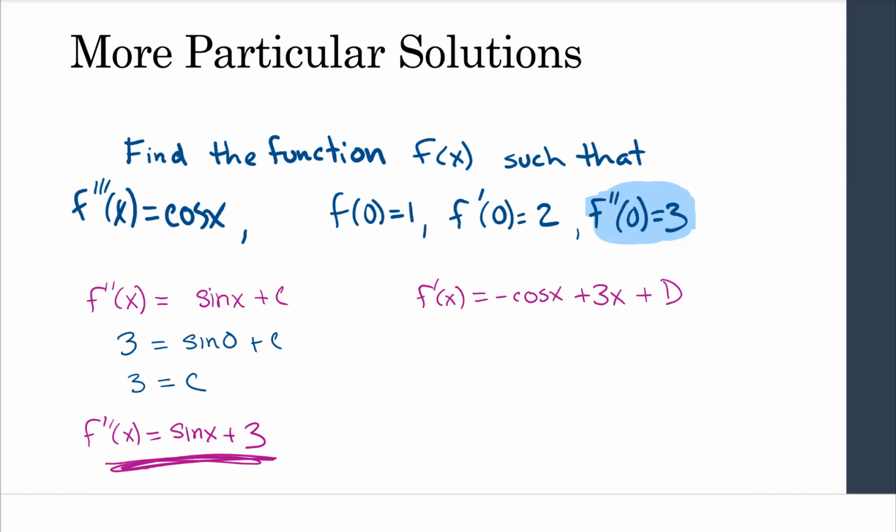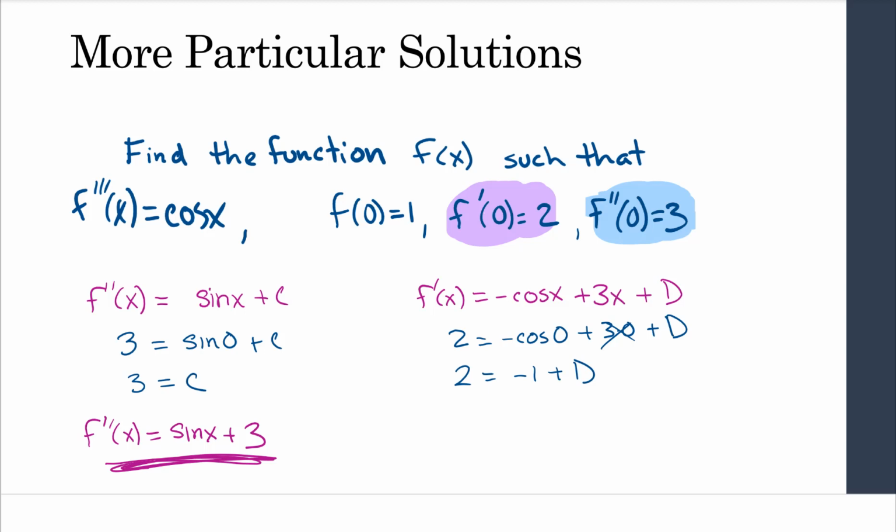And let's move to the next. We got that f prime of 0 is equal to 2. So let's set it up. Say 2 is equal to negative cosine of 0 plus 3 times 0 plus d. Well, 3 times 0 is nothing. But cosine of 0 is negative 1.